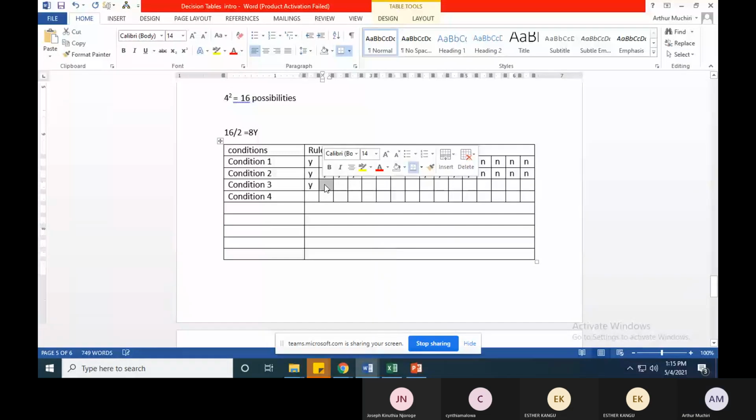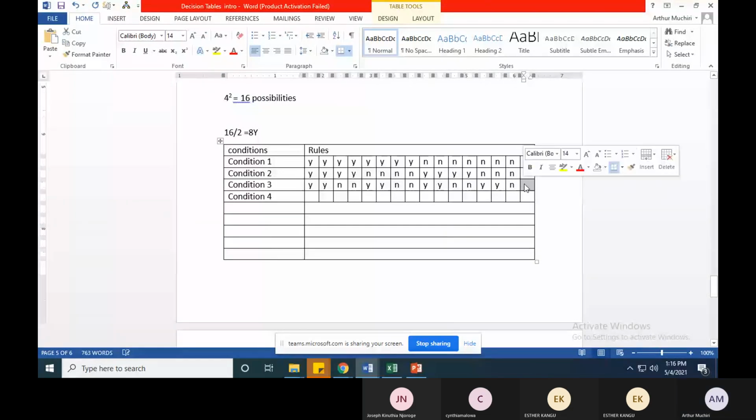We divide these yeses by 2 again. So you're going to have yes, yes, no, no, yes, yes, no, no, yes, yes. And then the other one is no, no, and this one is going to be yes, yes. The last one is going to be no, no, no.